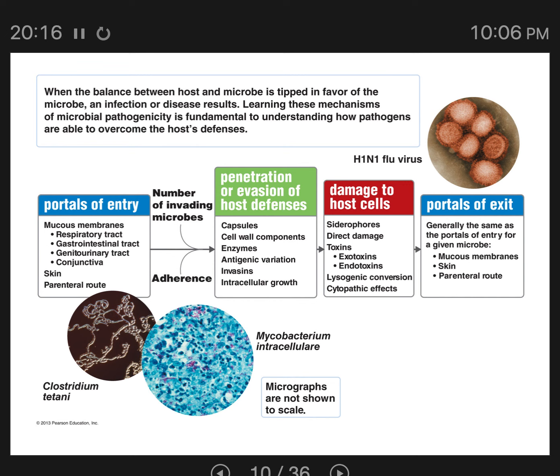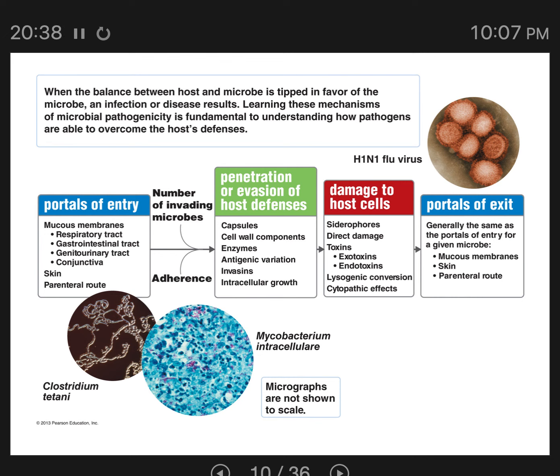That's why they have to enter and cause damage. What they do inside the human body is take advantage of your body's resources. They're using your body for food, taking your nutrients, and spreading through your body, so they're breaking down barriers, breaking down connective tissue. Those are the kinds of things that make you sick.